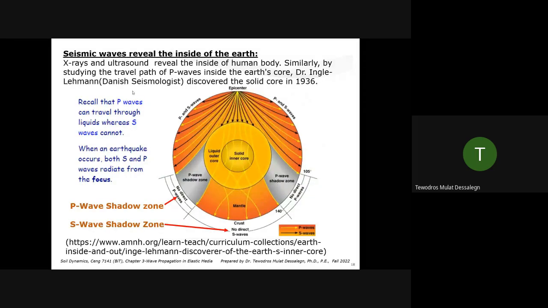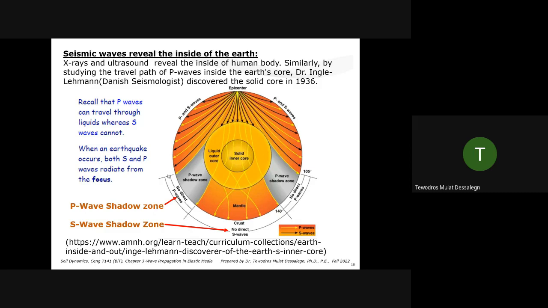And seismic waves, like X-rays disclosing a human body, also tell us the inside information of the Earth. If an earthquake occurs somewhere on Earth, we have regions that we call the P wave shadow zone. The P wave shadow zone is an area where no P wave will be recorded.